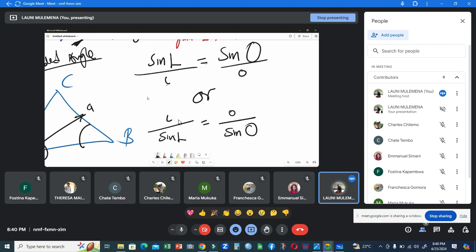My advice is use the letters that you have been given. And you either put the sides down. What sides are you going to put down? Small letters which have been given in the triangle. Or you put the sine and the angle up or down. That's your choice. But this is a standard way.